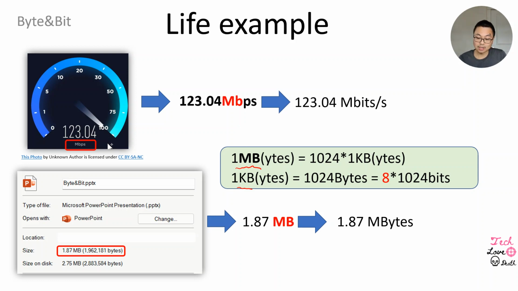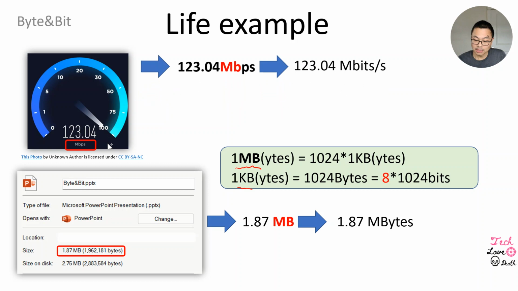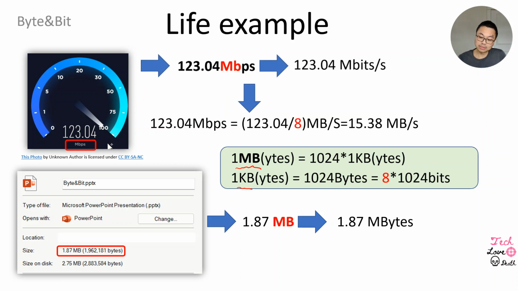In addition, if we convert them to bits, here we should multiply by 8. Let's review again. 1 byte equals 8 bits. So our actual network download speed should be the test rate divided by 8. In this example, our actual file download here should be divided by 8, which is 15.38 megabytes per second.